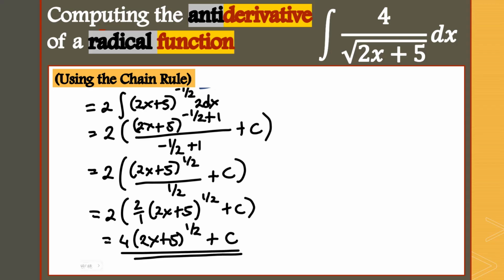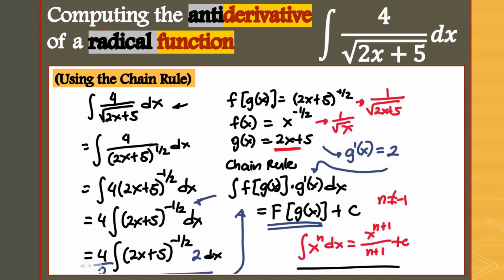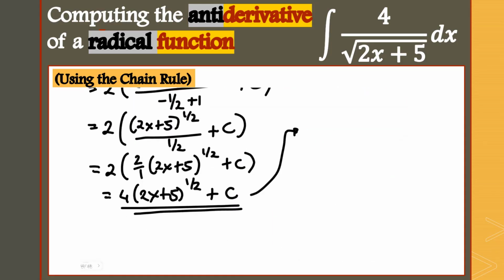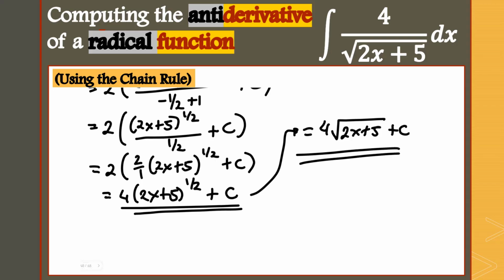This is our final answer. This is the antiderivative of the given radical function. Or, since the given contains a radical expression, you can of course return the fractional exponent into this form, 4 times square root of 2x plus 5 plus c. This is also an acceptable answer.